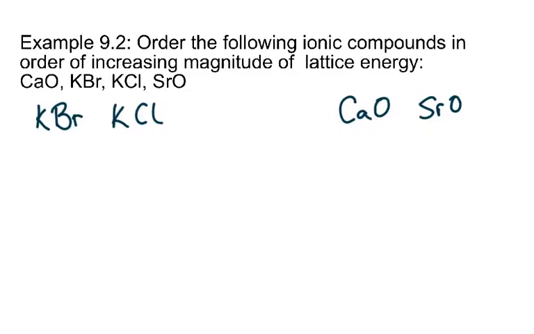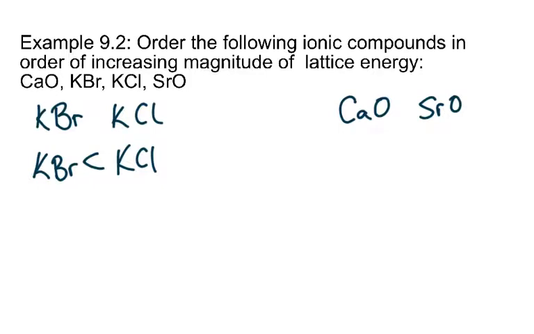So potassium bromide versus potassium chloride. Chloride is smaller than bromide. So if we're going in increasing magnitude, potassium bromide is less than potassium chloride. Over here, calcium oxide, strontium oxide.